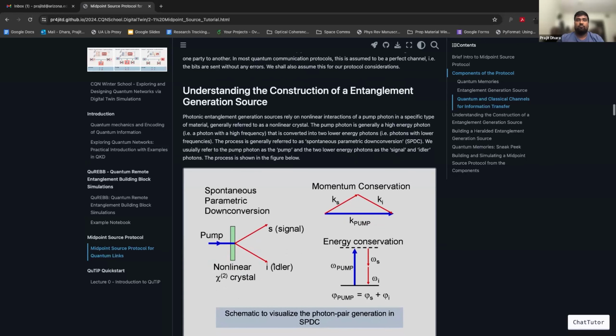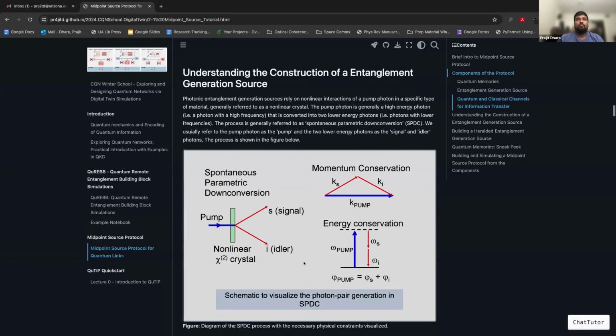With regards to quantum communication protocols, the signal and idler can be interswitched and it doesn't really matter. What matters is that we have to abide by a few basic physical laws that govern what frequencies the signal and idler photons can occupy.